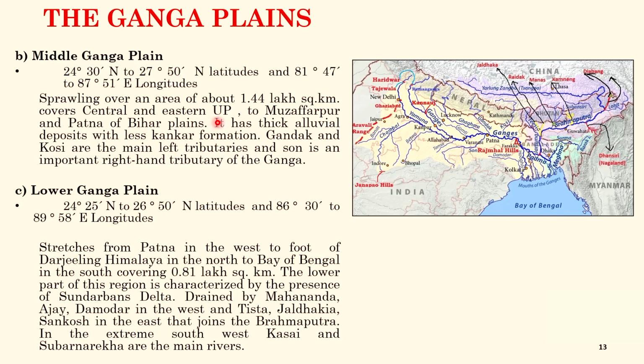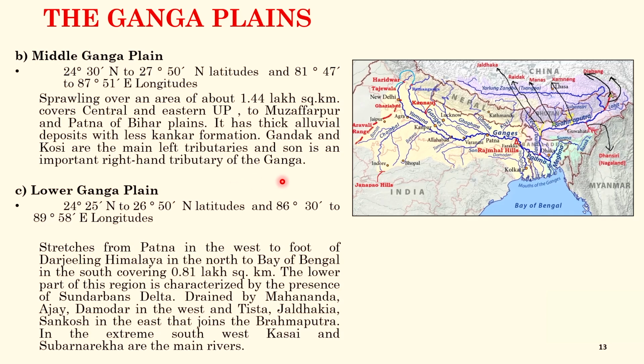Almost sprawling over an area of 1.44 lakh square kilometers, it covers the central and eastern part of UP to Muzaffarpur and Patna of Bihar plains. It has thick alluvial deposit with less concretion formation. Gandak and Kosi are the main left tributaries, whereas Son is an important right hand tributary of the Ganga.